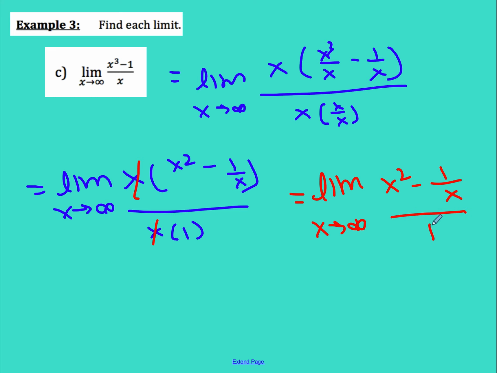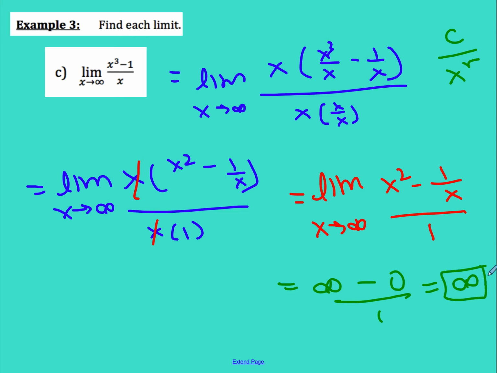And now from this point, I can go ahead and plug in infinity. Okay, if I do that, I would have infinity squared. And infinity squared would be infinity minus 1 over my infinity, which we all know is of the form c over x to the r. So that goes to 0 all over 1. So infinity minus 0 is infinity.